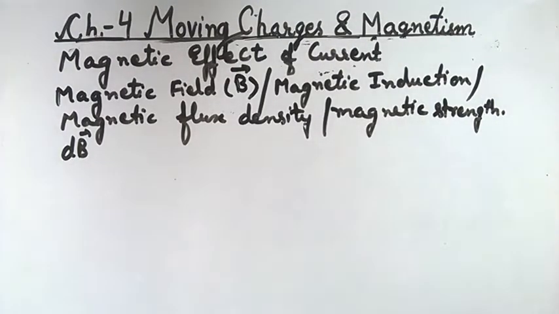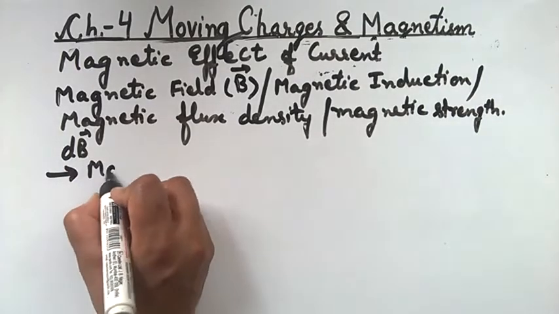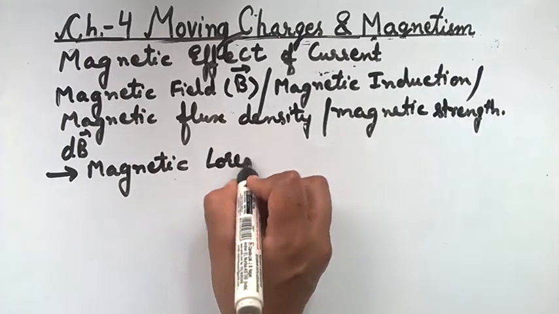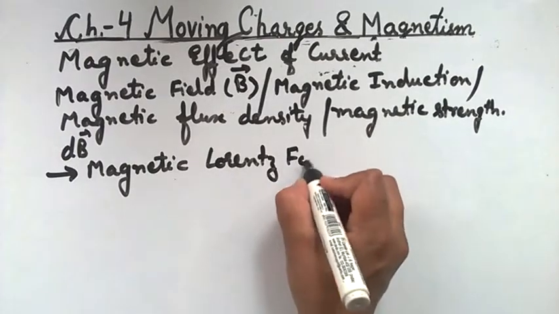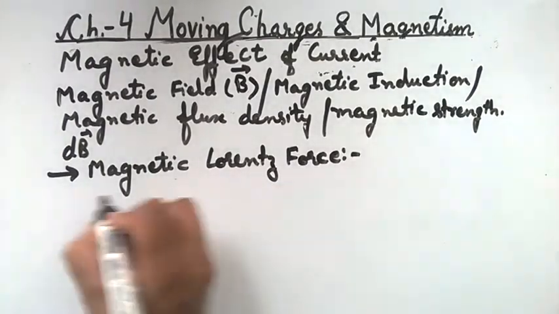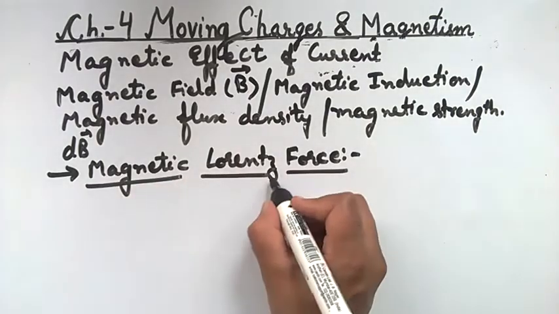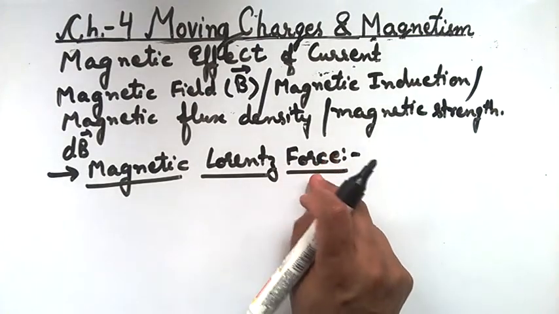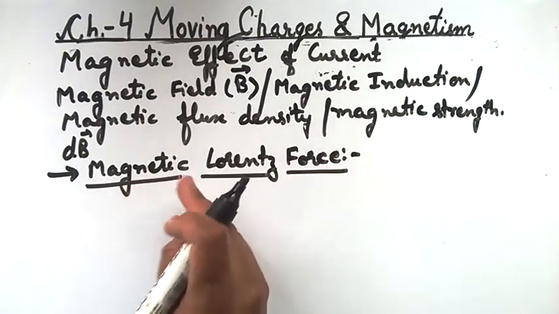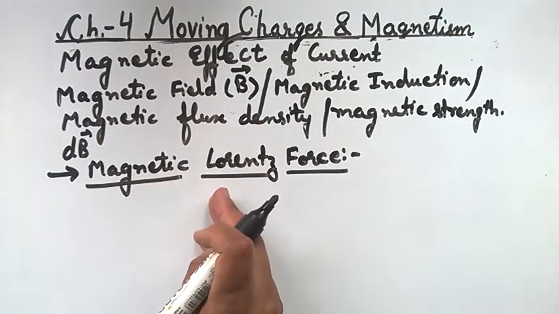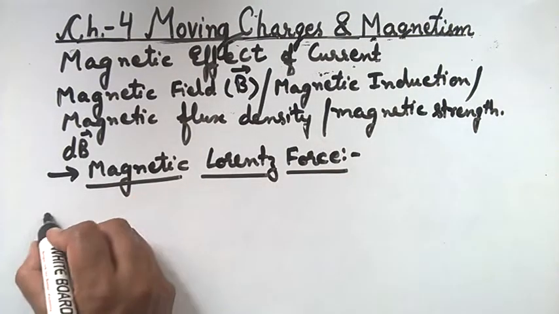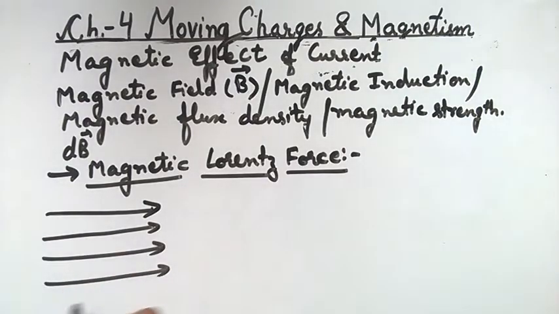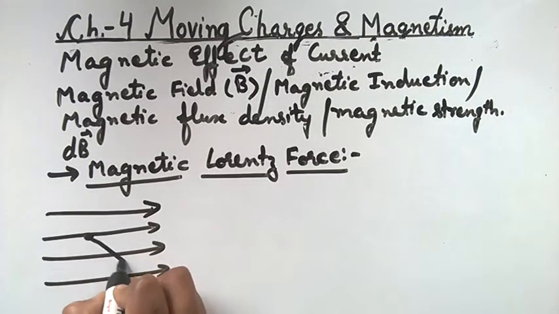Now next topic is magnetic Lorentz force. Here we will calculate the value of a force which is acting on a charge placed in a uniform magnetic field. So let us consider a uniform magnetic field in which a charge is placed and moving with some velocity v.